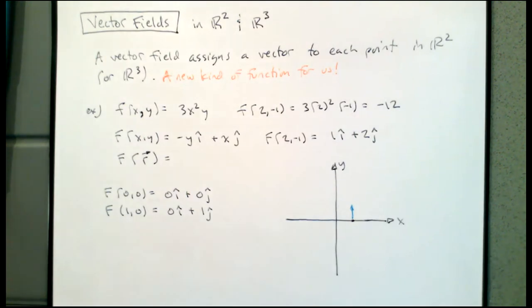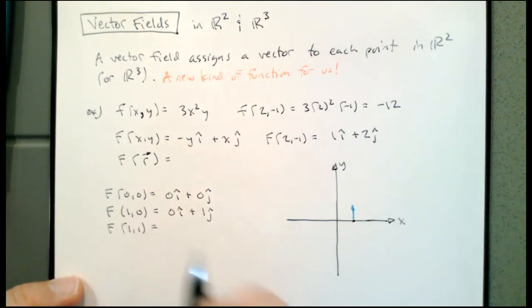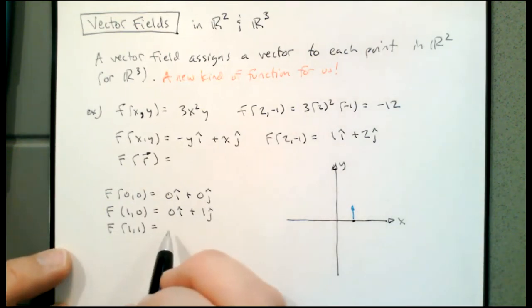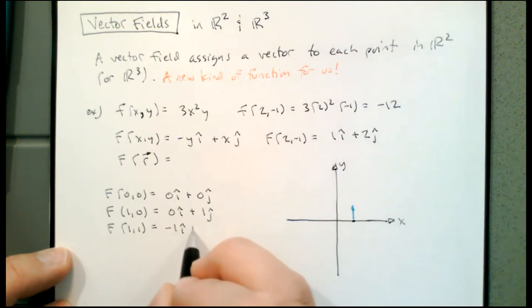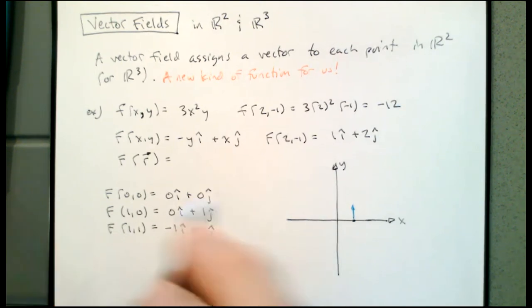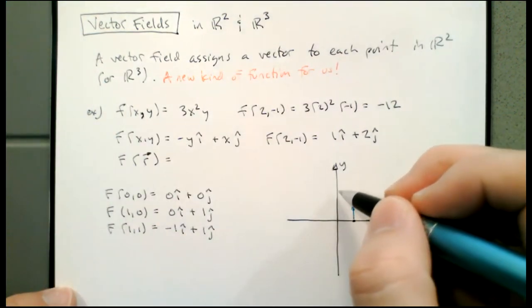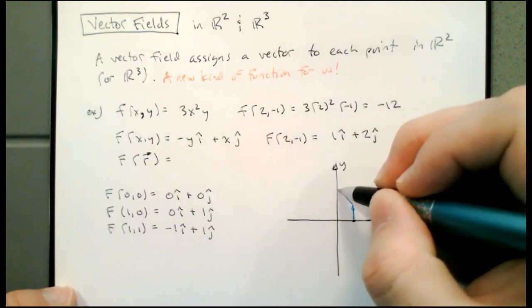If we go to the point 1, 1, where this last vector ended, we'll have minus 1 times i, plus 1 times j. So at that point, we'll have the vector negative 1, 1. So that vector will go negative 1, 1. At that point, we see this vector.